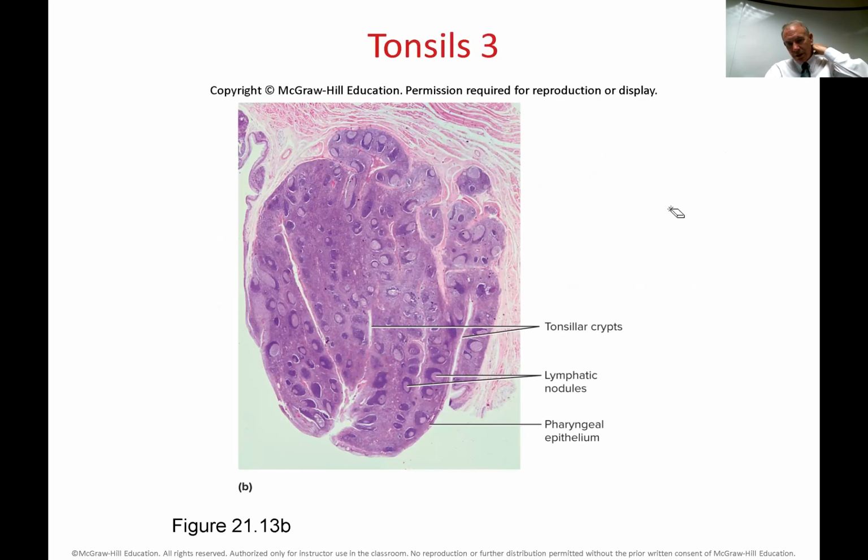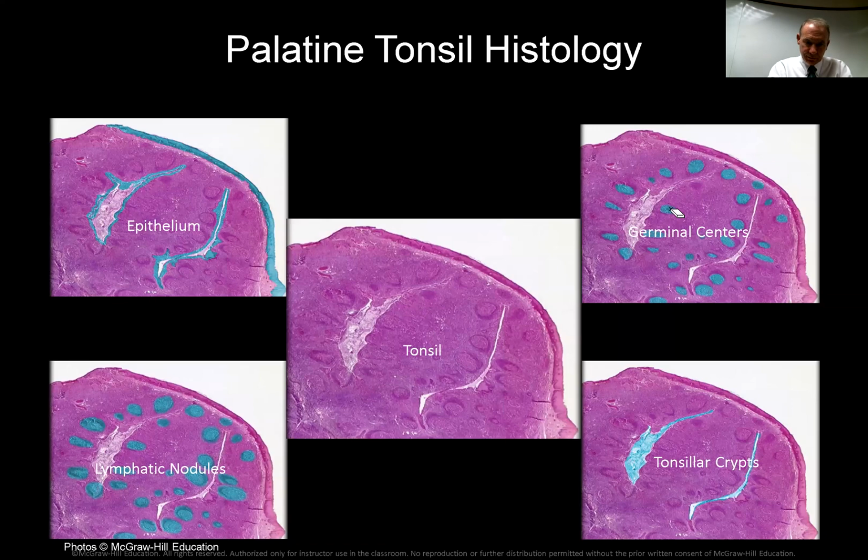So here is a micrograph of the tonsils. Okay, palatine tonsil, which tonsil is that? Those are the tonsils. We can take a look at that, pause it if you'd like.